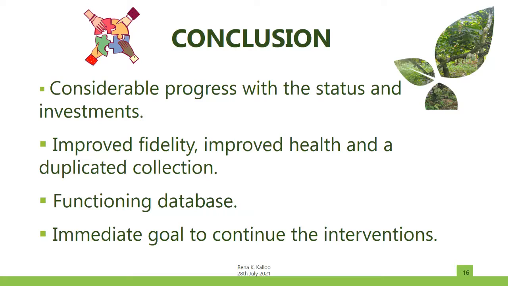We've improved the overall health of the collection, and we've started to duplicate the collection to better support the utilization of the collection for breeders. We've also established a functioning database that will help with conservation activities as well as research activities. Our immediate goal now is to continue and complete the interventions we've made thus far with a 6-month no-cost extension to the project.